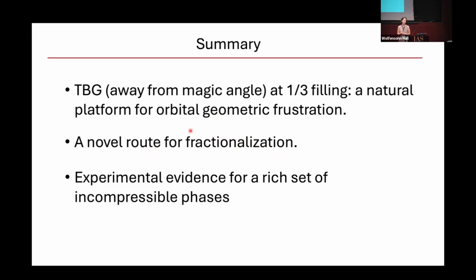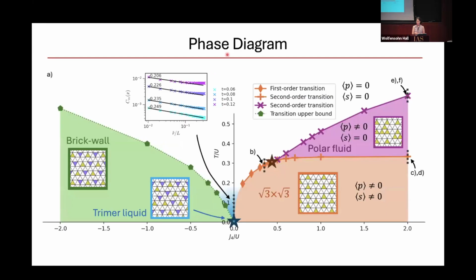The inception of the idea came from looking at what's observed experimentally, and experimental evidence supporting robustness of the incompressible states at third filling is encouraging thinking about all this fun physics possibly occurring at 1/3 filling of twisted bilayer graphene.